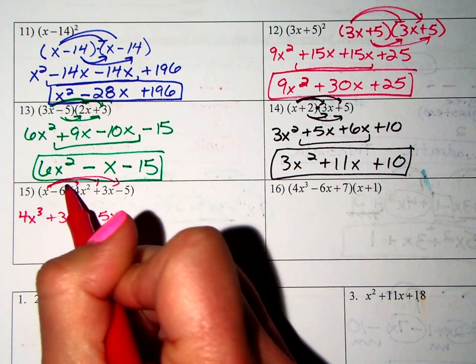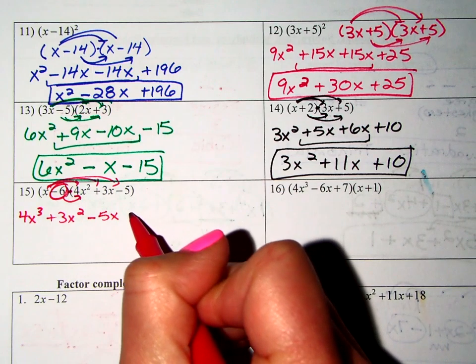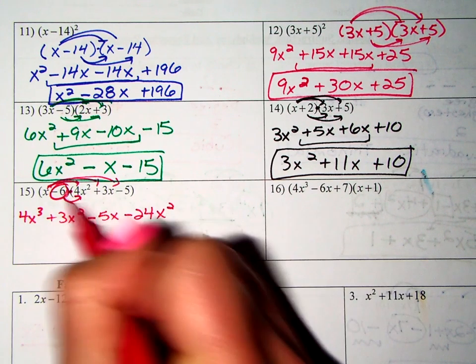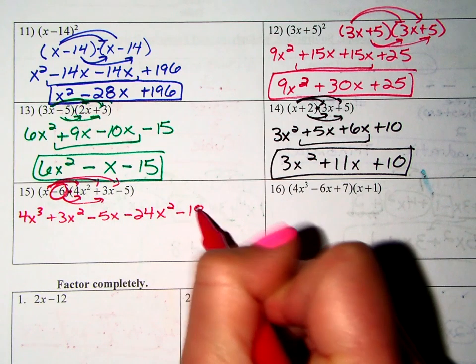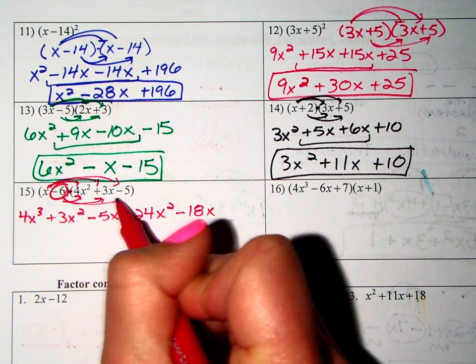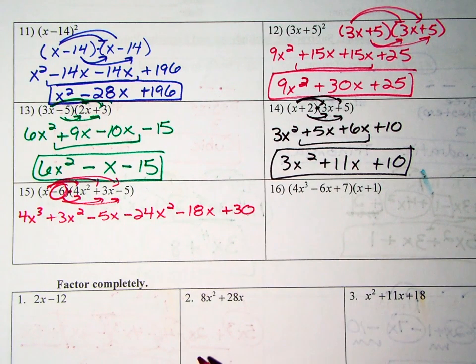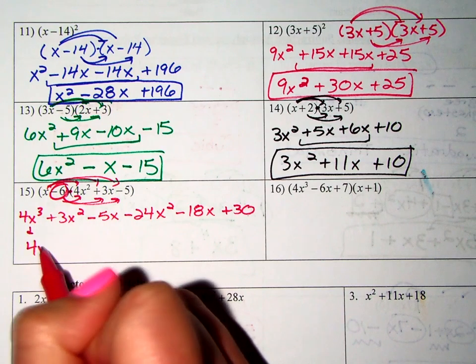Then we need to go ahead and distribute the negative 6. So negative 6 times 4 is negative 24x squared. Negative 6 times positive 3x, well, negative 6 times 3 is negative 18, and the x comes along. Negative 6 times 5 is positive 30. And then we can combine our like terms. Since there's no like terms to the cube, we just bring that down.